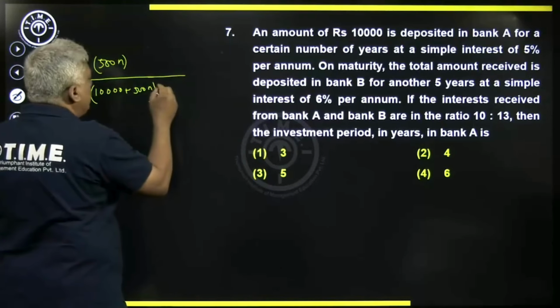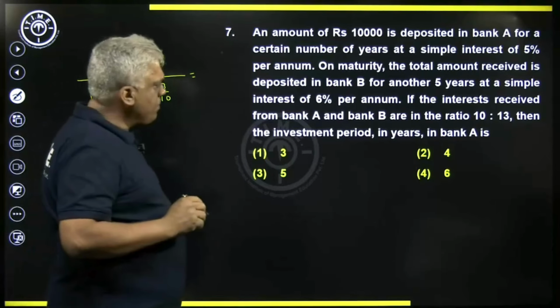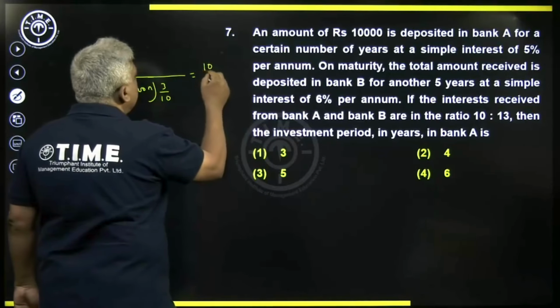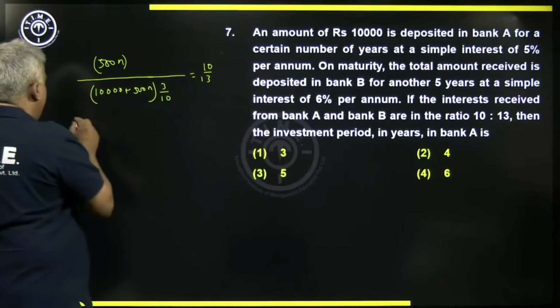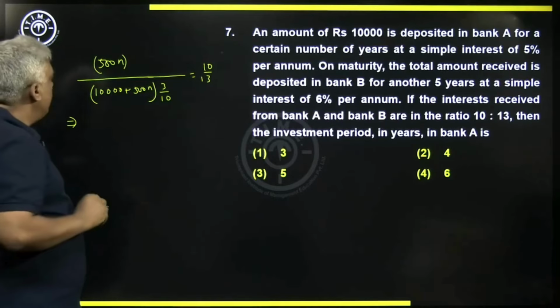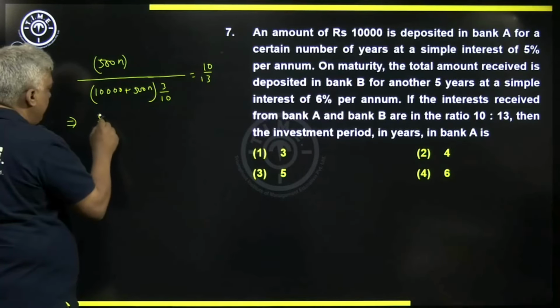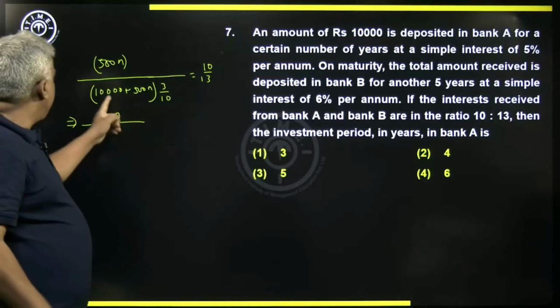And this ratio is given as 10 by 13. Now, we have to solve for this. So, let us write it here. Let us say this is 500 n. We can take 500 common.